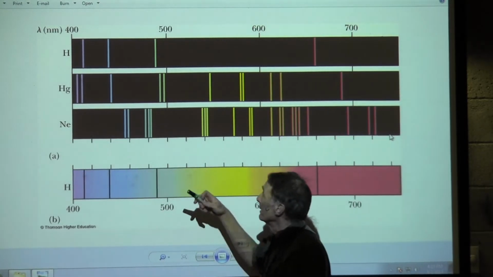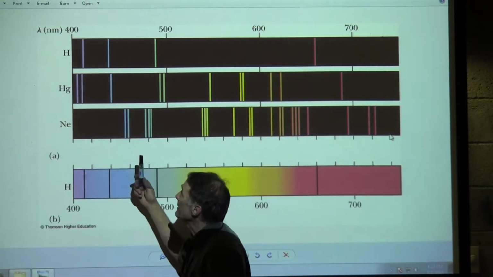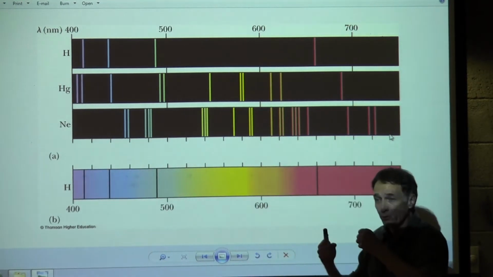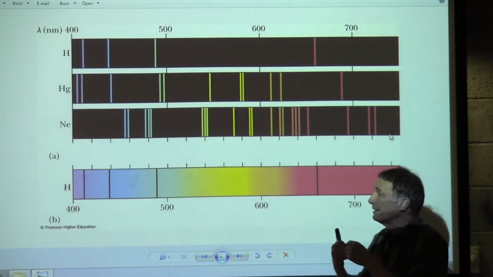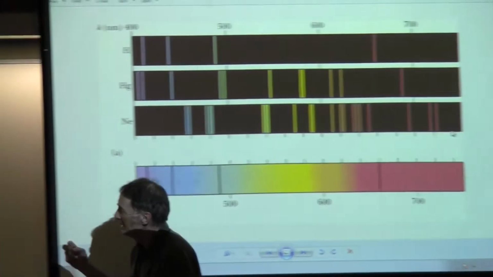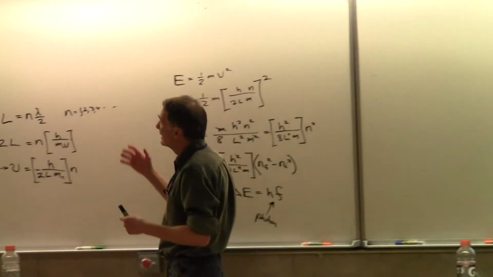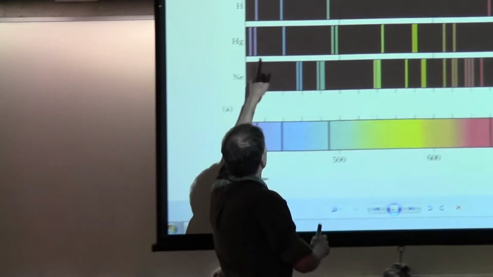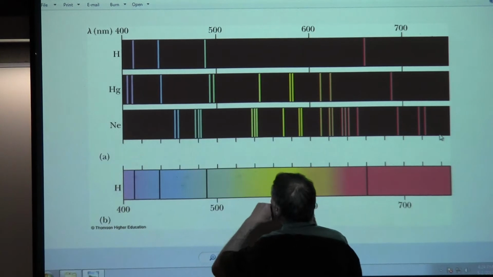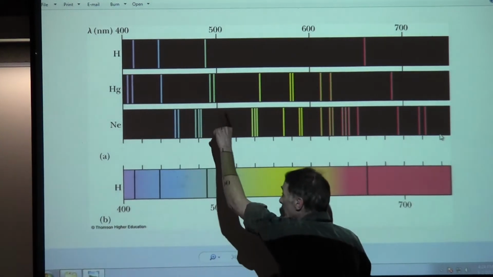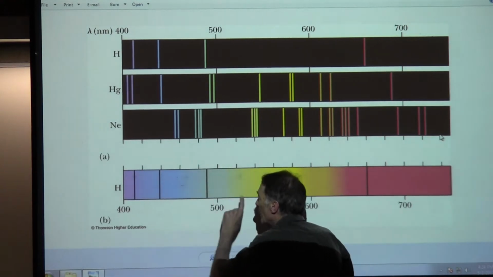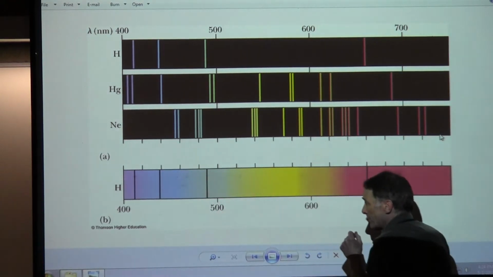You could do that, let's say, on the surface of a star like the sun. You excite the atoms, usually thermally through collisions. They collide, they can get up into an excited state, and then they start to give off their energy, and they can give it off at different possible wavelengths. Now, they can either emit that radiation, they can also absorb that same radiation. It works in both directions.